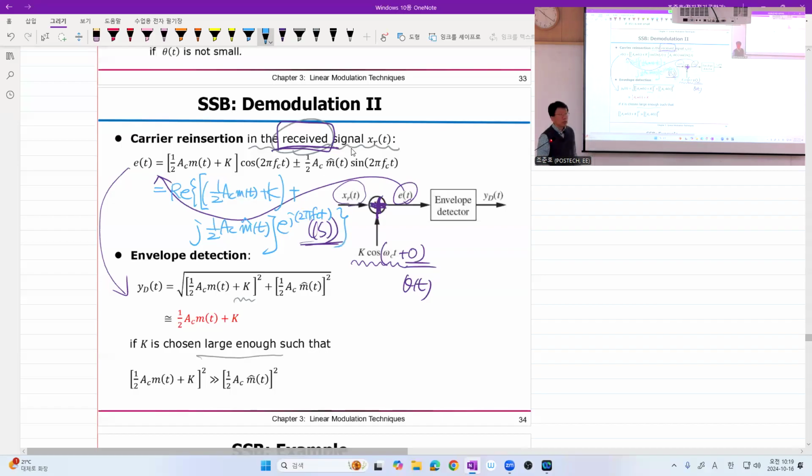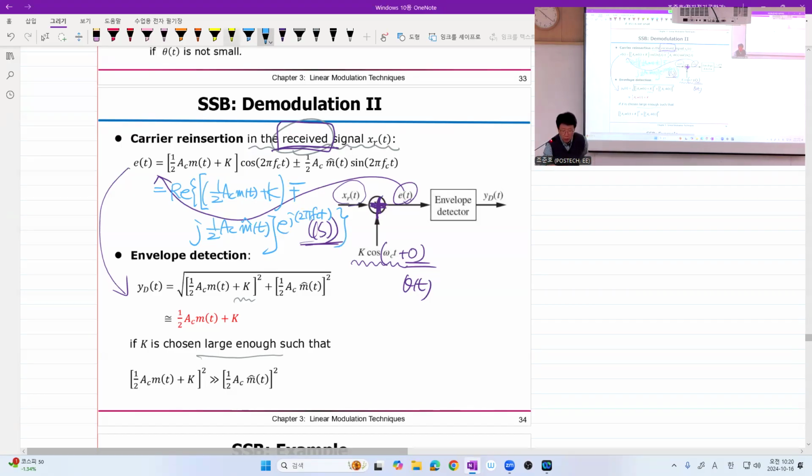Got it? So this one becomes the real part of your complex envelope. And then you need to put some sign. If it is negative, then you have positive. If you have positive, then negative. So minus plus j times this one. And now you have e to the j2 pi fct.